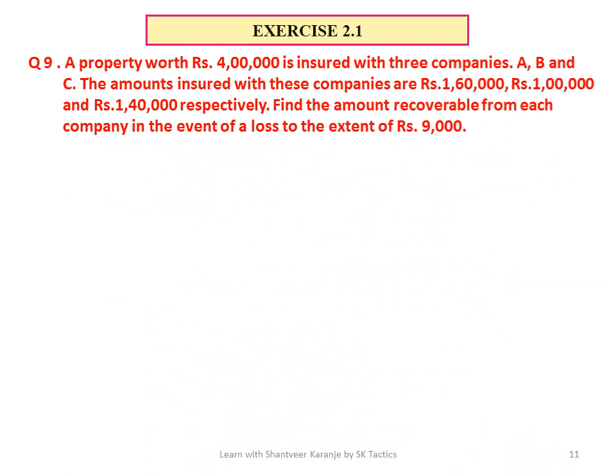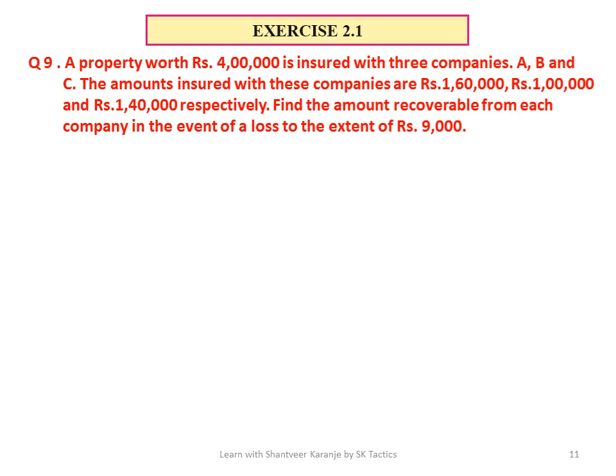A property worth rupees 4 lakh is insured with 3 companies. The companies are named A, B and C. The amounts insured with those companies are 1,60,000, 1 lakh and 1,40,000 respectively. Means with A company 1,60,000 is insured, with B company 1 lakh is insured, and with C company 1,40,000 is insured.